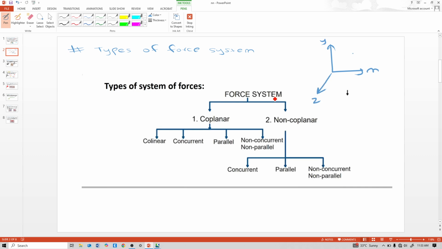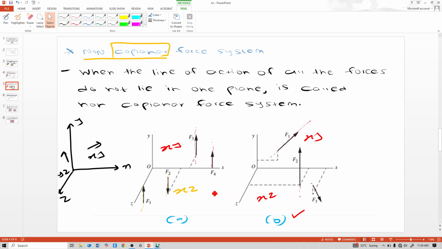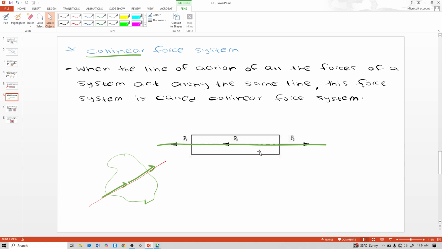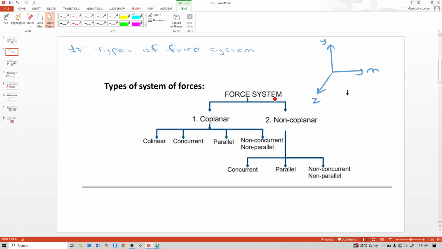Collinear we saw here: the lines of action of forces are in one line. This is collinear, this is coplanar, collinear force system.